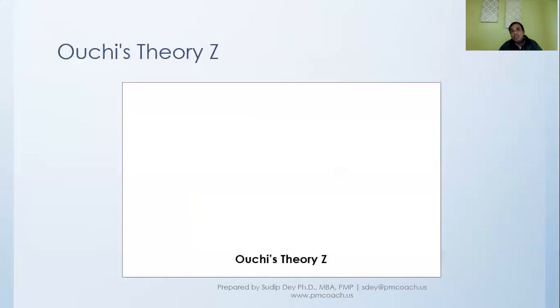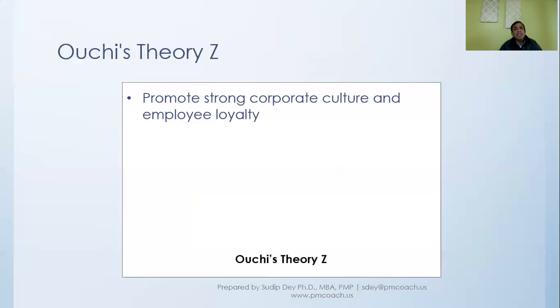It's Theory Z, which is in contrast to Theory X and Y. It's a Japanese style of management where employees have a lifetime loyalty to the company, and the company has a lifetime loyalty to the employees. So this theory promotes strong corporate culture and employee loyalty.